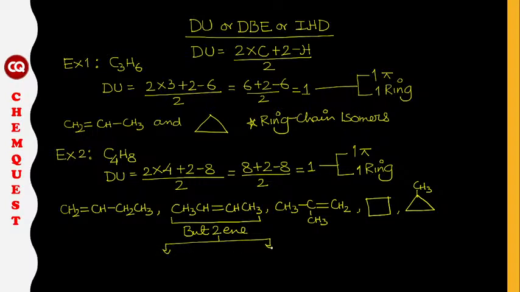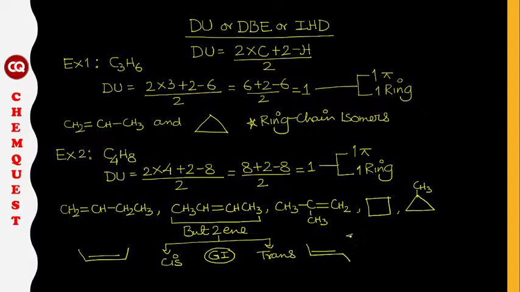One is known as cis-but-2-ene, and another is known as trans-but-2-ene. In cis-but-2-ene the 2 methyl groups are on the same side. In trans-but-2-ene the 2 methyl groups are on opposite sides. Cis-trans isomers are known as GI or geometrical isomerism.